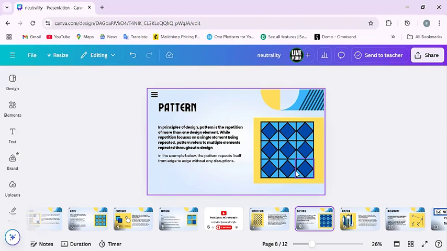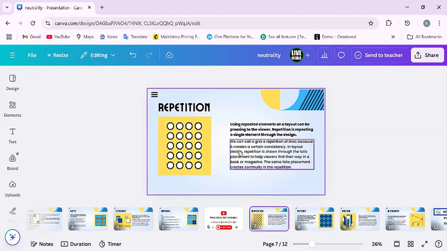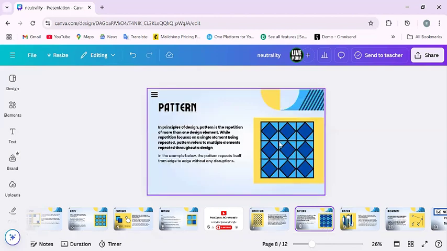While repetition focuses on a single element being repeated, pattern refers to multiple elements repeated throughout a design. Do you see the difference between pattern and repetition? They are kind of similar, but this one uses just one element, while this one uses more than one element to repeat. You get that, right?